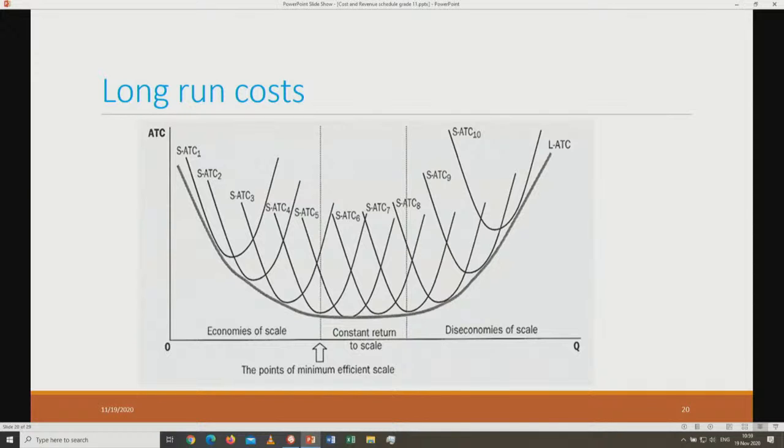That's the difference between economies of scale, constant returns to scale, when we get exactly the same average cost when we produce extra, and diseconomies of scale, when the average cost increases every time we produce extra. When we produce extra and our average costs are decreasing, we are experiencing economies of scale.